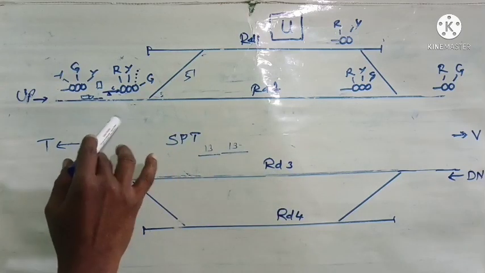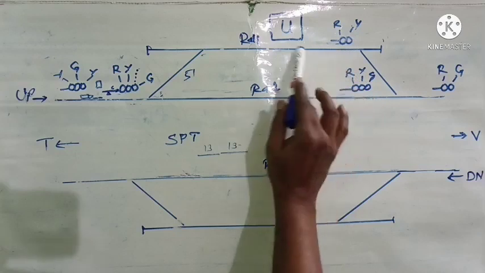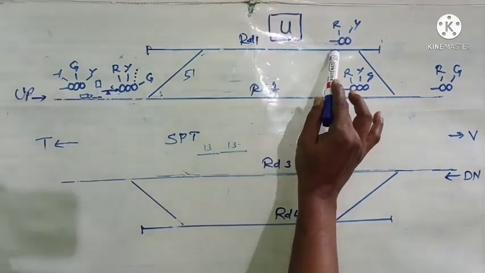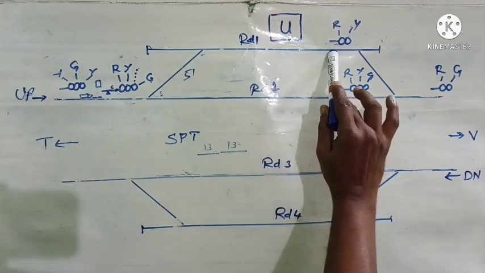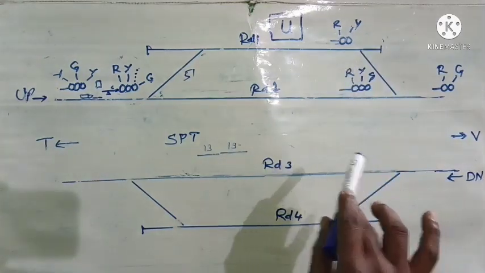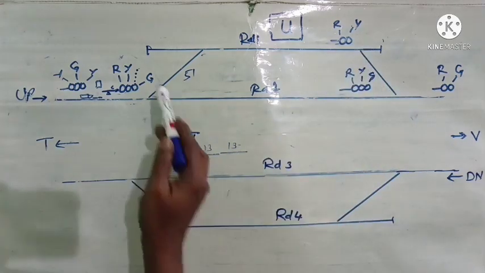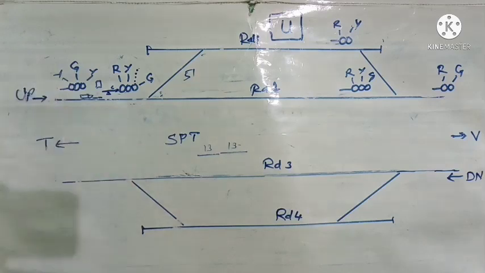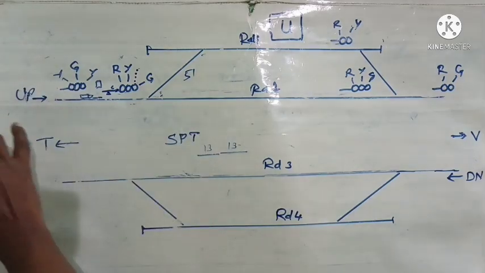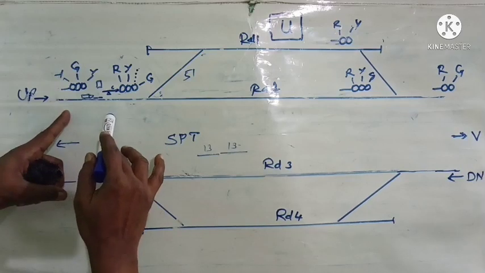When the signal is cleared in the normal case, we must ensure that the line is clear not only up to the starter but also an adequate distance beyond it, and that adequate distance should be not less than 120 meters. That is, a minimum of 120 meters should be kept clear for this train while taking off the home signal. Here while granting line clear, we are giving a block overlap which is not less than 180 meters.